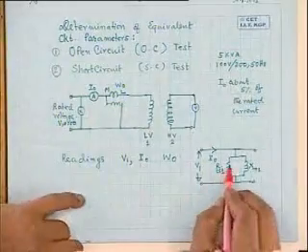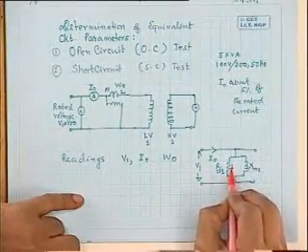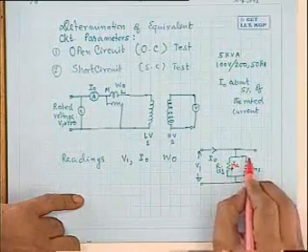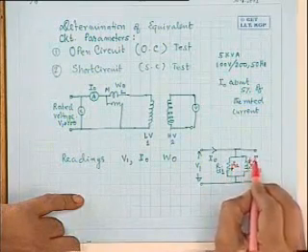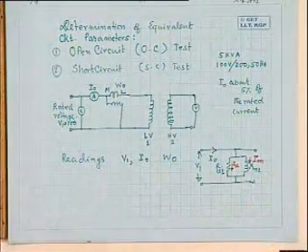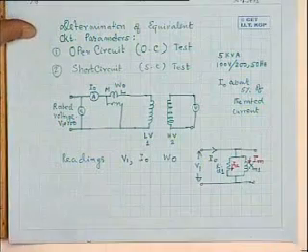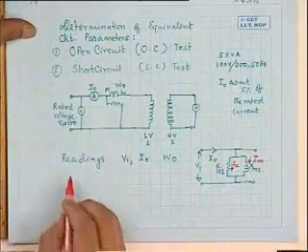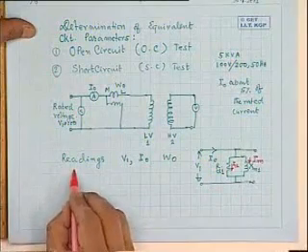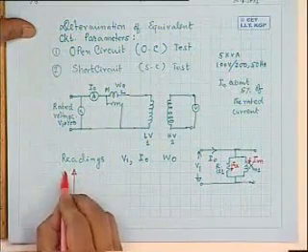And remember that this current breaks up into two components. One is ICL and another is IM, magnetizing component. Now, how to find out the equivalent circuit parameters? If you consider the phasor diagram here, this is the applied voltage V1.